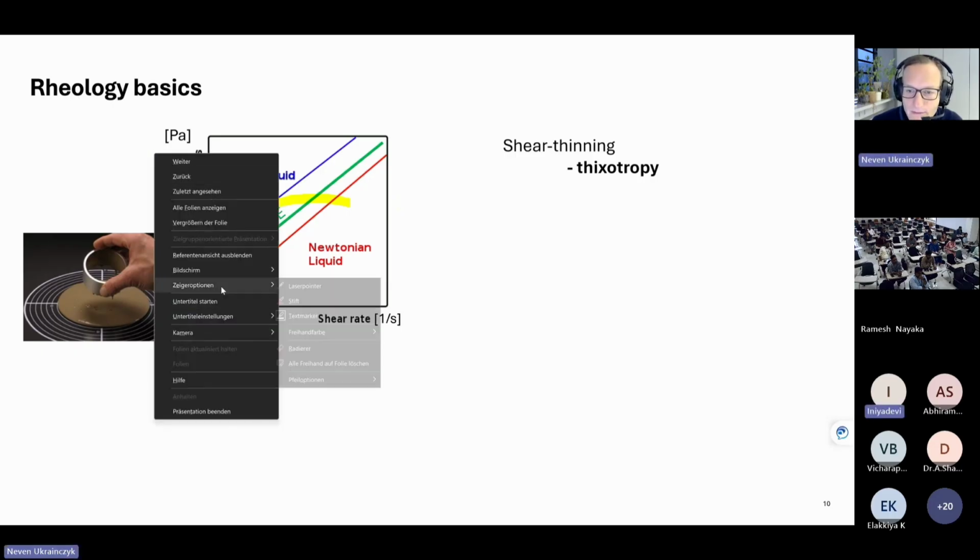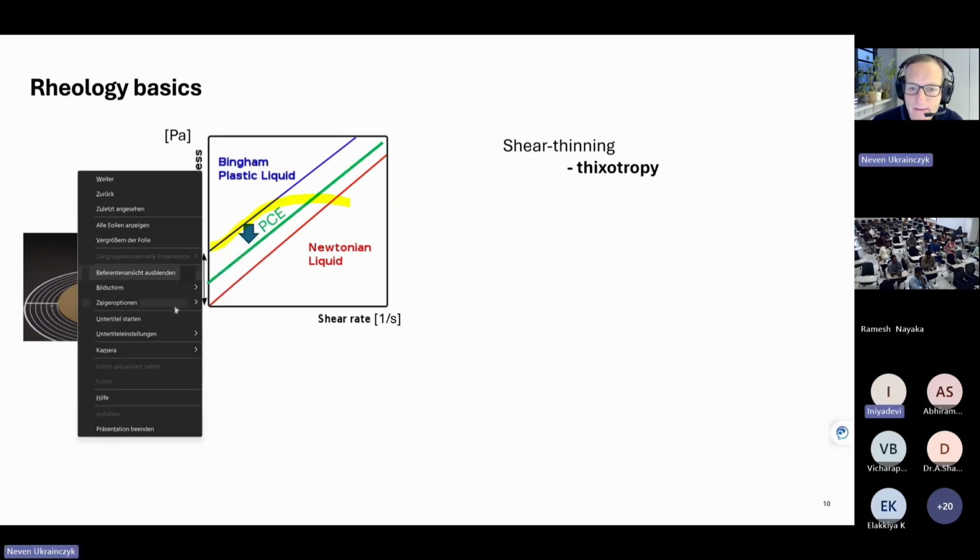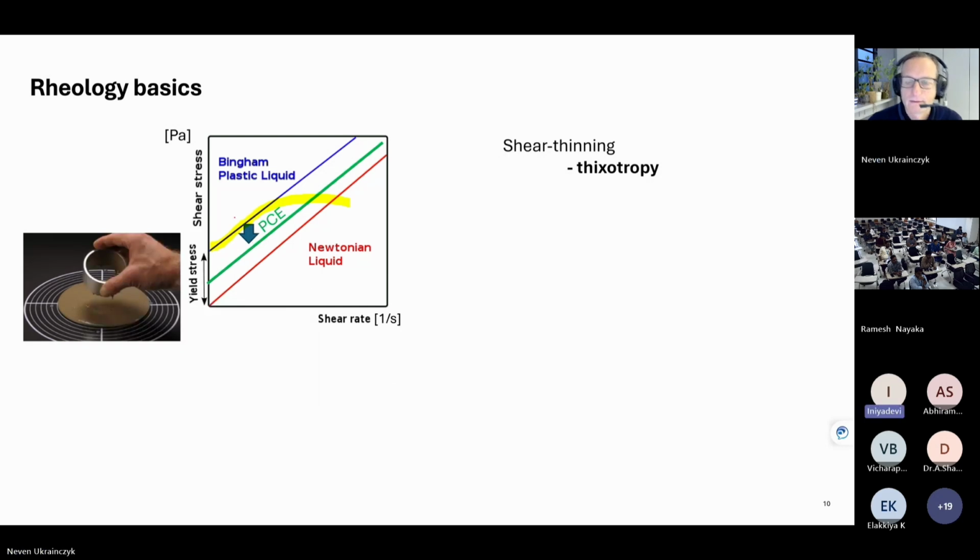But the concrete, because of the aggregates, the aggregate effects and the capillary forces, is actually shear thickening. So the concrete goes like this. It's shear thickening because of the jamming of the aggregates, and also the dilatancy, that you have the volume increase and the formation of capillary forces. At the end you have shear thickening behavior.